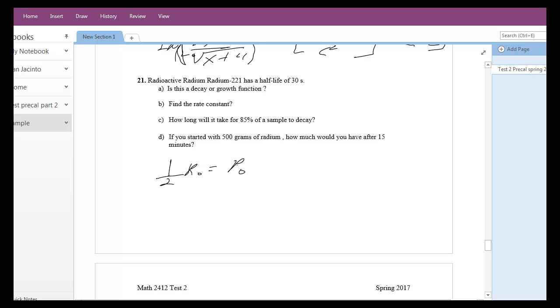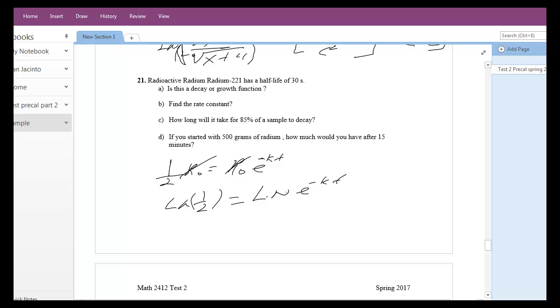If I start off with rho naught e to the kt, it is a decay function, so let's call this a minus kt. My rho naught is going to cancel. I'm going to take the ln of 1/2 equals ln e to the minus kt.